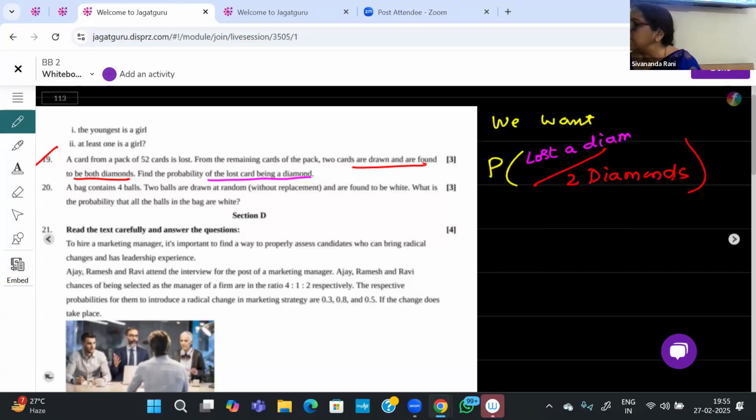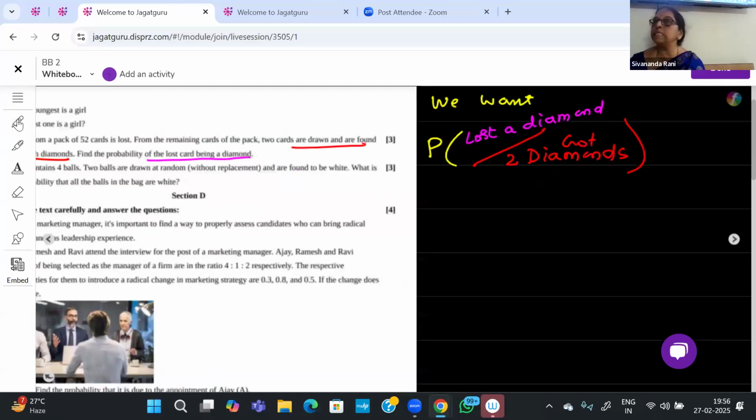The success lies in figuring out what he wants us to find. So we got two diamonds, that happened first, so I put it after the slash. I hope you have understood. In simple language only I'm telling you, so that it is easy for you.